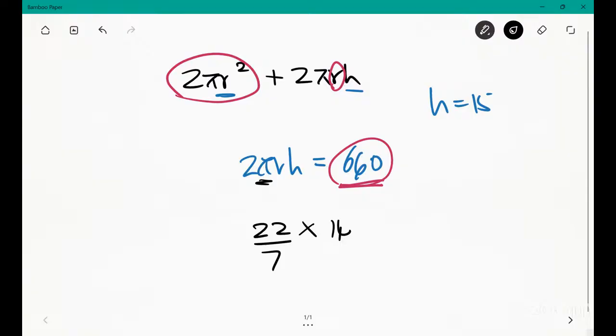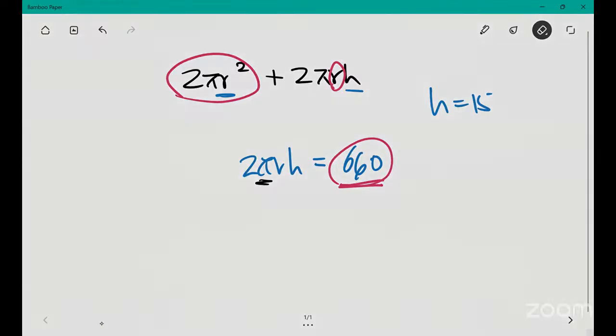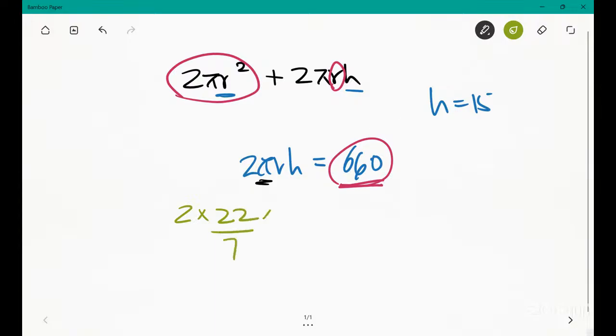Okay, so we'll just do one example. Let's say I have my curved surface area as 660 and the height is 15. So then my 2 into 22 over 7 into R, which we don't know, into H, which is 15, is equal to 660.